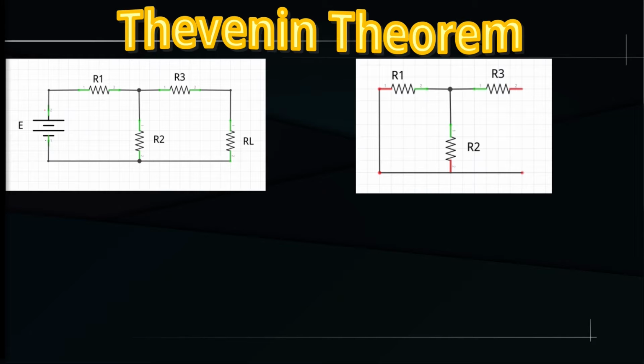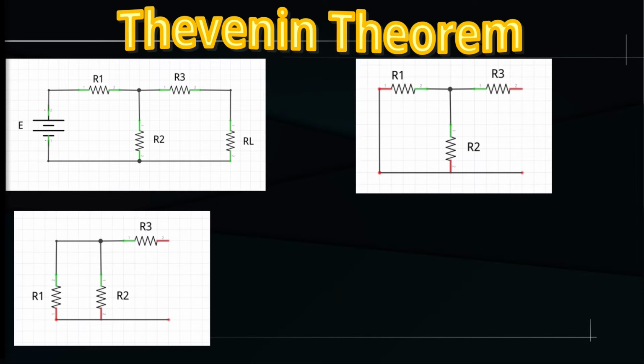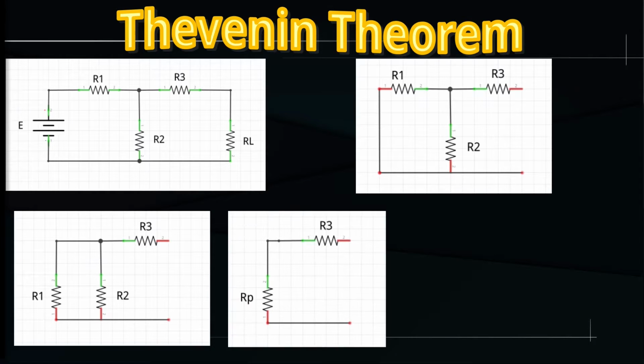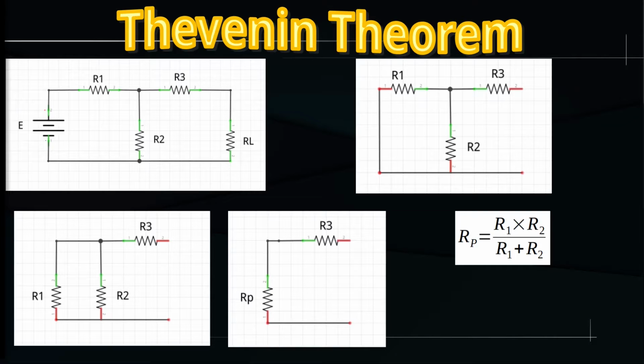To do that, note that resistors R1 and R2 are now in parallel, which can be better seen if we redraw the circuit this way. And then we have the resistor R3, which is in series with the parallel resistors. The equivalent resistance of this parallel, let's call it Rp, is equal to the product of the two resistances divided by their sum.